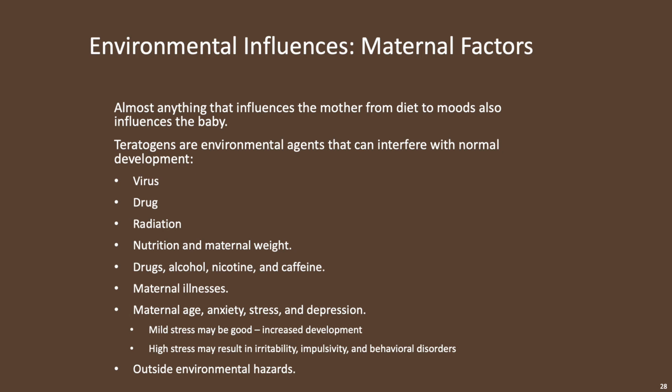These can be things like viruses, drugs, radiation, nutrition and maternal weight, alcohol, nicotine and caffeine, maternal illness. It can even be the mom's age, whether or not she's anxious or stressed or depressed.